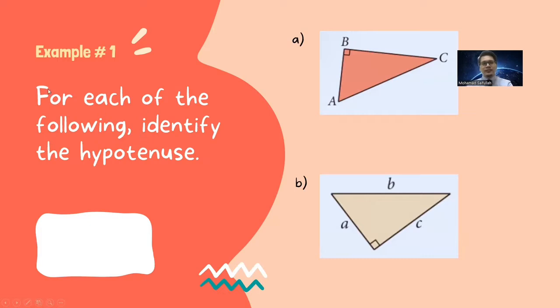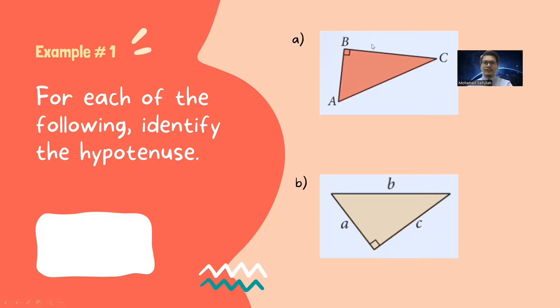As you can see here, for each of the following, identify the hypotenuse. So class, for A, they are given triangle ABC. Can you guess what is the hypotenuse for this question? Yes, correct. So let's recall what I said earlier. To know the side of the hypotenuse, it must be the opposite side of 90 degrees.